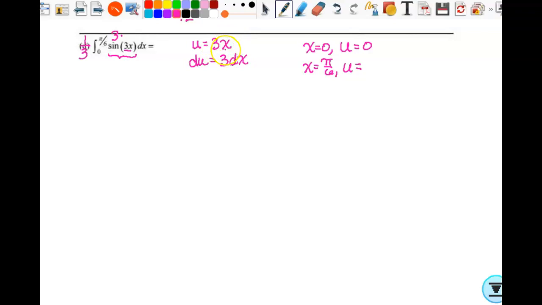What does that give me? Pi halves. So that means I'm going to have 1/3, and I'm going to integrate from 0 to pi halves of the sine of u du. Okay.